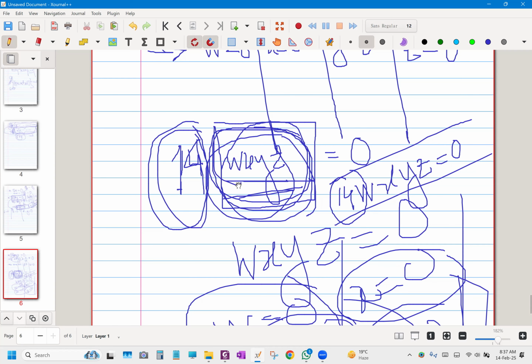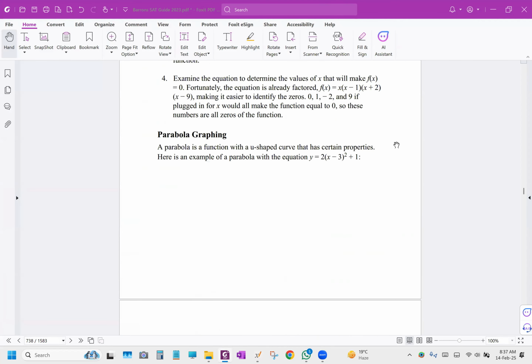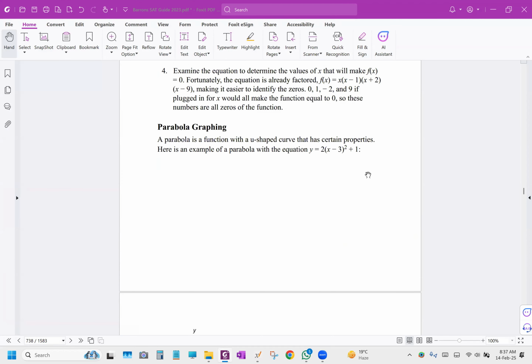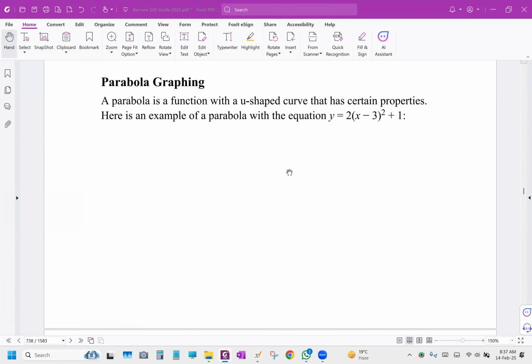All right. Now we are interested in parabola graphing. In these mathematical problems, we are being asked to graph the equation of a parabola.